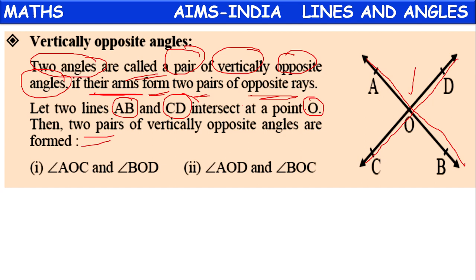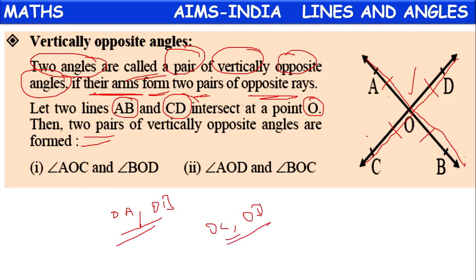If they are able to form two pairs of opposite rays, here OA is opposite to OB, OC is opposite to OD. This OA ray and OB ray is one pair of rays opposite to each other, and OC ray and OD ray is the second pair.